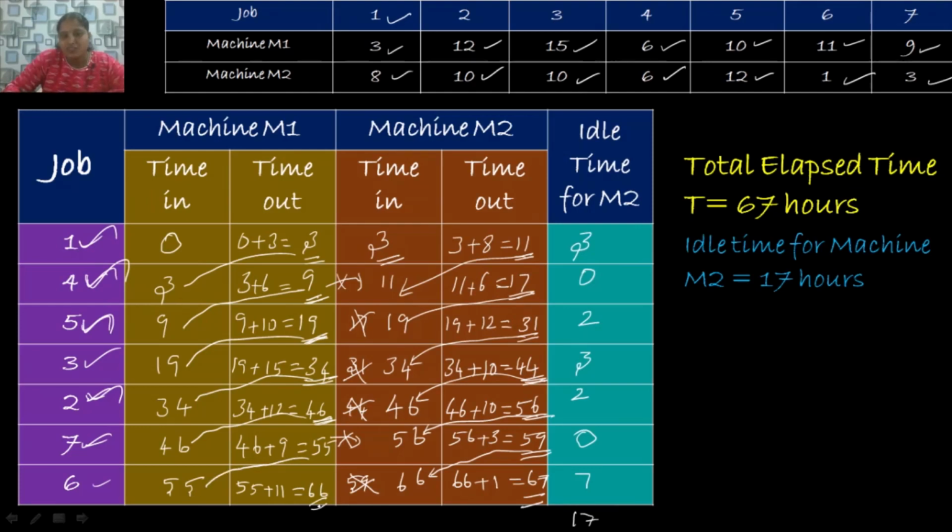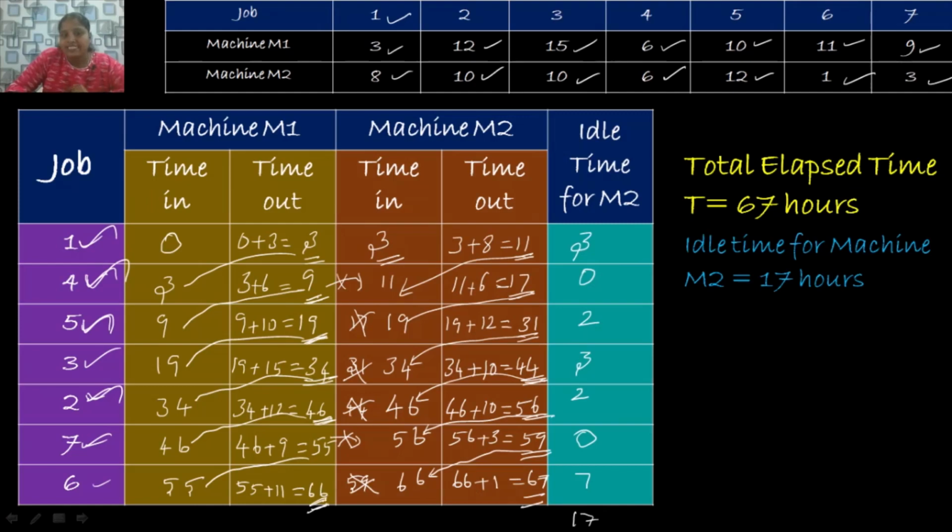It has completed its processing time at 66 hours. Both the machines start at 0 time and finish at the same time, because even though machine M1 has completed all jobs at 66 hours, it has to wait for machine M2 to complete all the jobs.